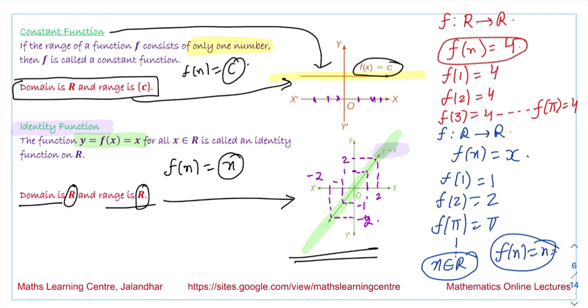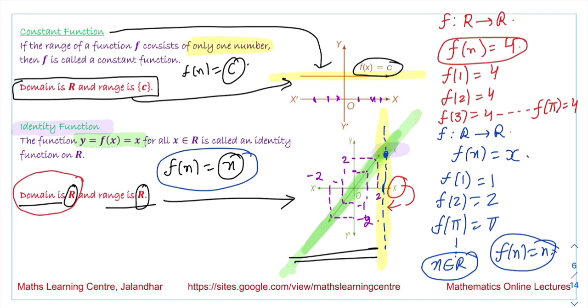We are saying, what values can this function take, what values of x are possible here. If we take any value on the x-axis and draw a line parallel to the y-axis, first of all it will intersect this line at some point. We can draw this line anywhere on the x-axis, so that is why the domain of this function is R. Second, this line intersects at only one point, so it is a function.